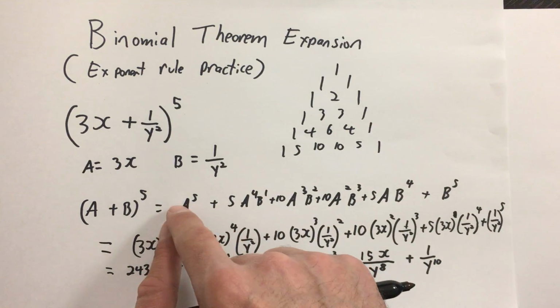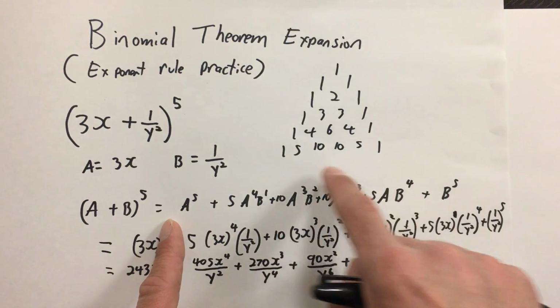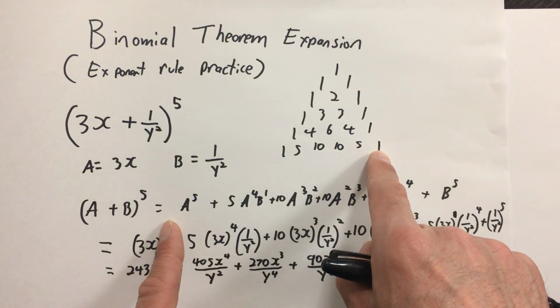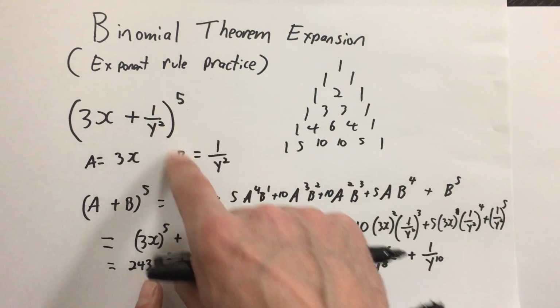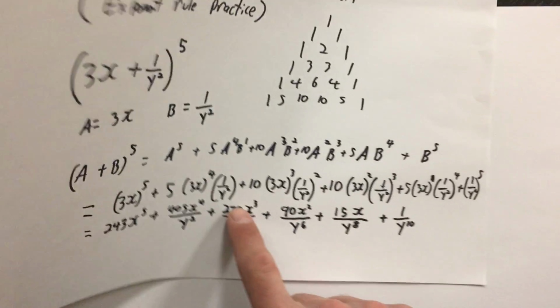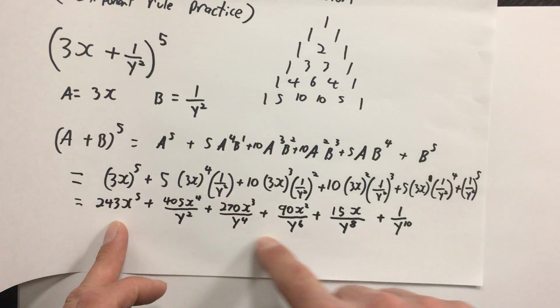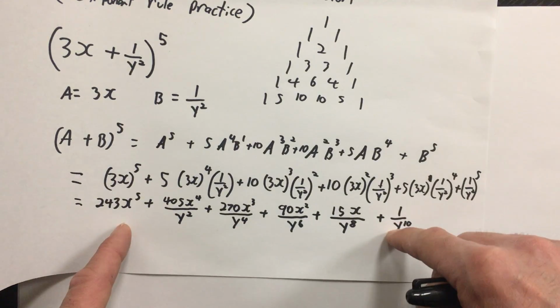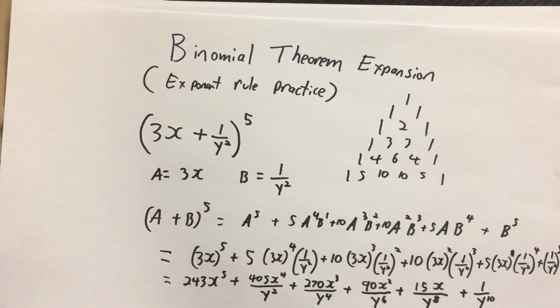The coefficients, that's the numbers multiplied by each of these, are drawn from Pascal's triangle. We then substitute back and carefully follow our exponent rules to end up with a simplified expansion of the original question.